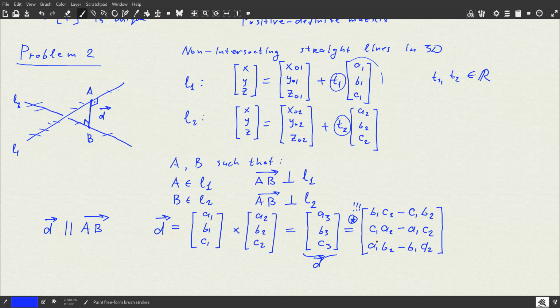And that's no good. Okay, so we constructed our vector D. What else? In that case, our line AB can also be given by a certain equation. So similar to L1 and L2, our AB can be given by equation also (x, y, z) would be equal to what?